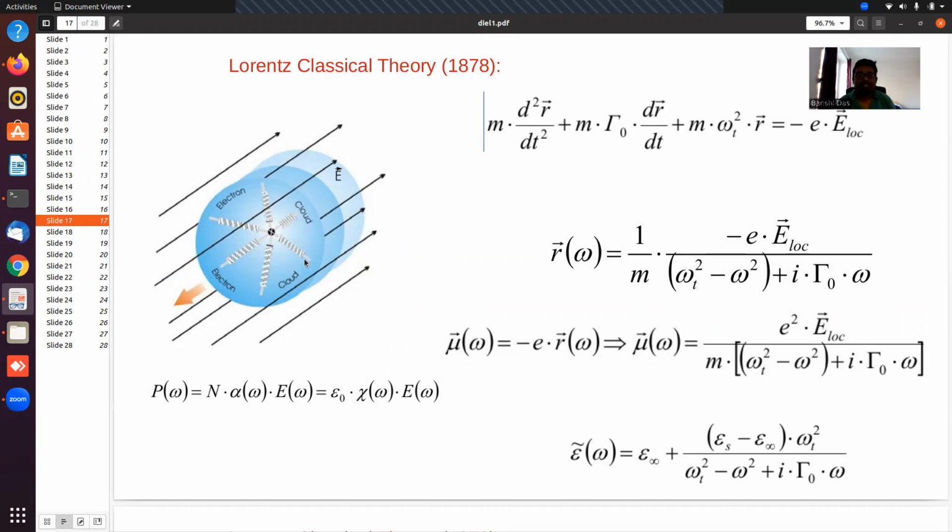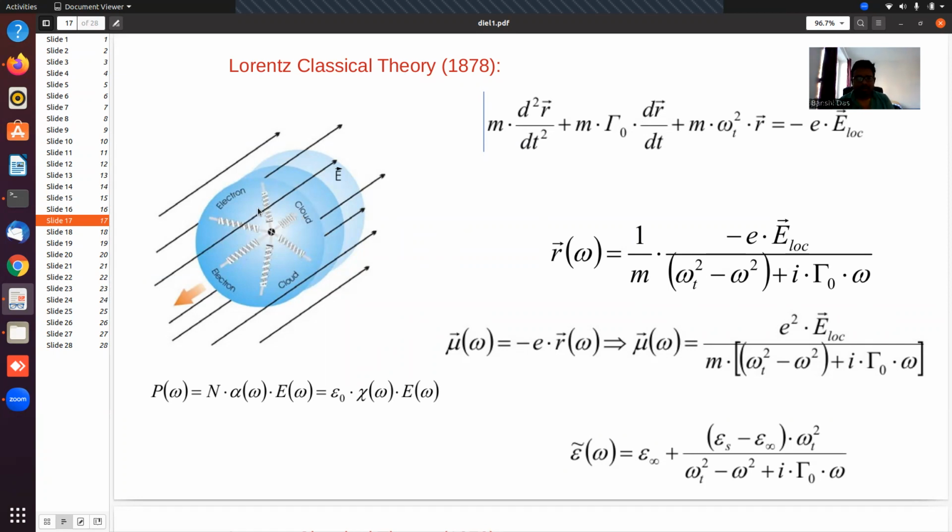So this local point in black color is connected, he assumed, with a simple harmonic oscillator. Simple harmonic oscillator means those are the interactions from the surroundings. And in the presence of the electromagnetic field, the field is coupled with that oscillator.